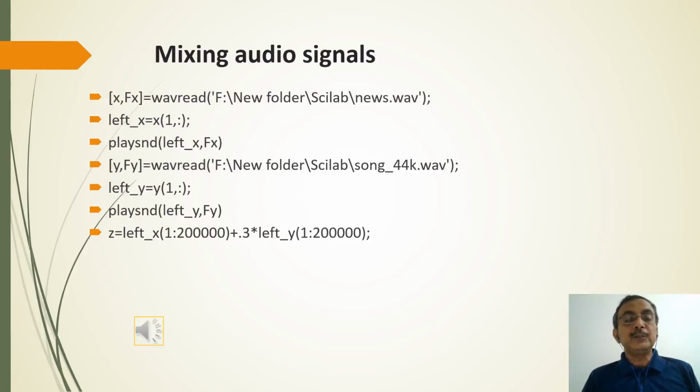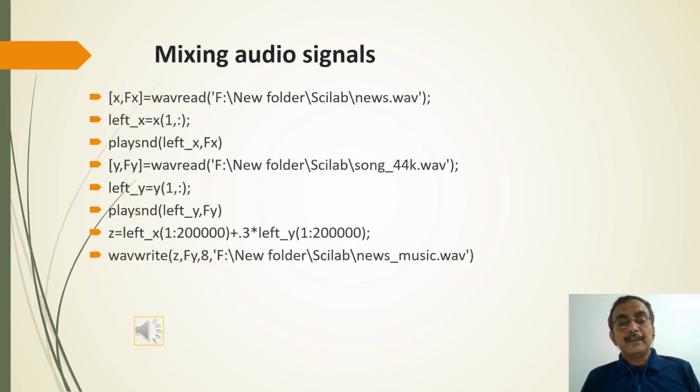If you want to emphasize the news part, then you can have the multiplication factor placed over there. Finally, the file can be stored in another place using the wave write command, and the sampling frequency, because fx and fy both of them are the same, is fy itself, and the file location.